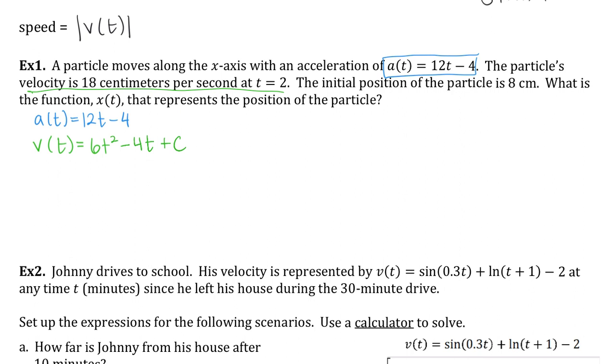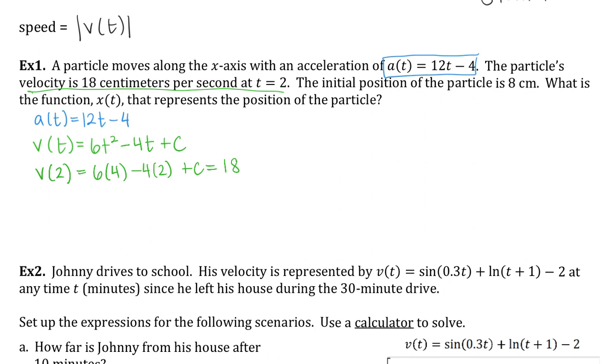Okay, now did they give me any information? Yes, they told me the particle's velocity is 18 centimeters per second at t equals 2, which means the velocity at t equals 2 is going to equal 18. So 6 times 2 squared is 6 times 4, minus 4 times 2, plus C is going to equal 18.